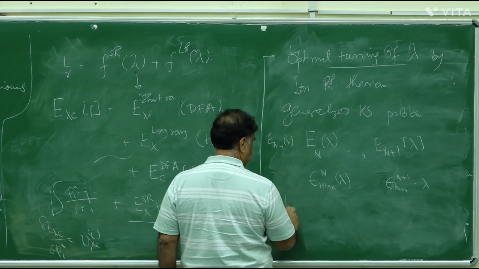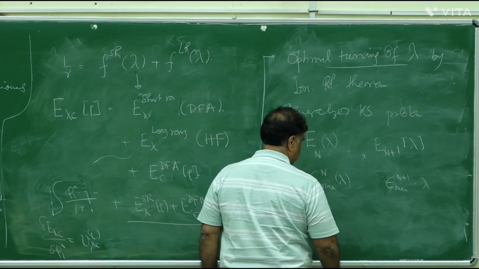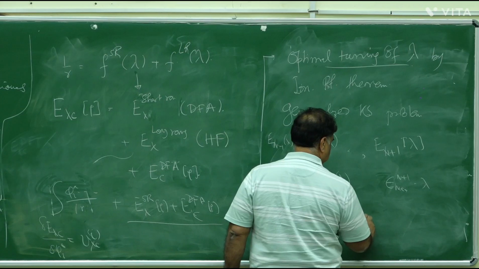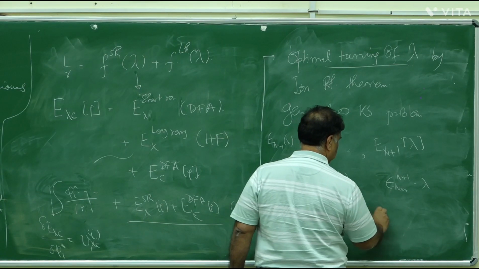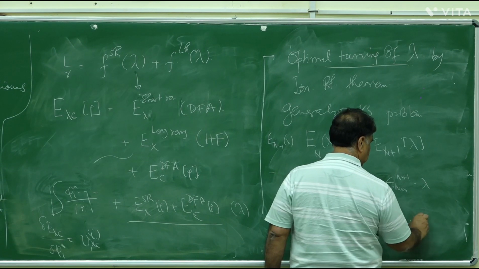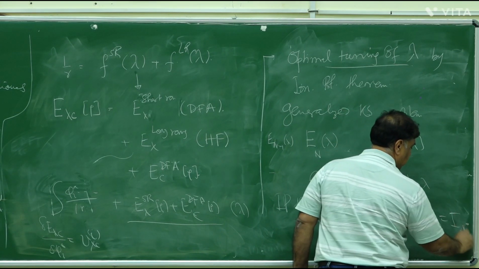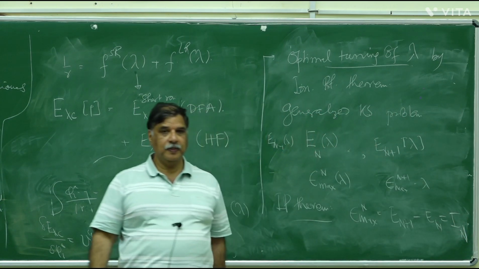Now by the IP theorem, you get epsilon max n should be equal to E n minus 1 minus E n, the ionization potential for the n-particle system.